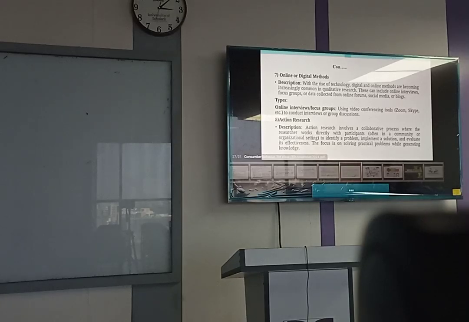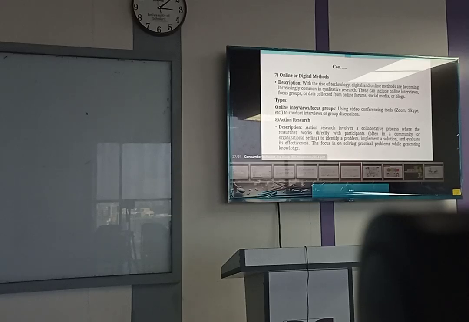This could include online interviews, focus groups, or data collected from online forums, social media, or blogs. Types: online interviews and focus groups using video conferencing tools, Zoom, Skype, etc., to conduct interviews or group discussions.